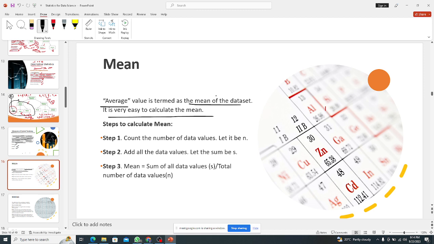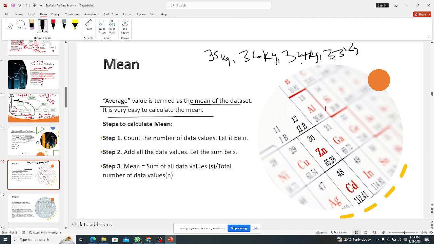For example, let's assume we have some weights: 35 kg, 36 kgs, 34, and then let's say 33 kg.